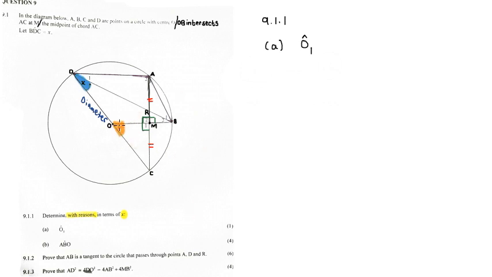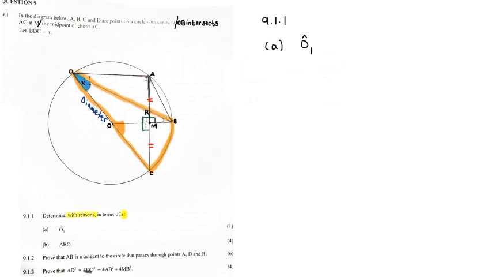Okay, so if we trace backwards and we see what is subtending O1, we see that it's subtended by this arc BC. Okay, so now we can draw from the theorem that says that the angle at the center is always twice the angle at the circumference, right? So traveling from the same arc BC, we can also go to the circumference, and we see that that arc is also subtending the angle BDC at the circumference.